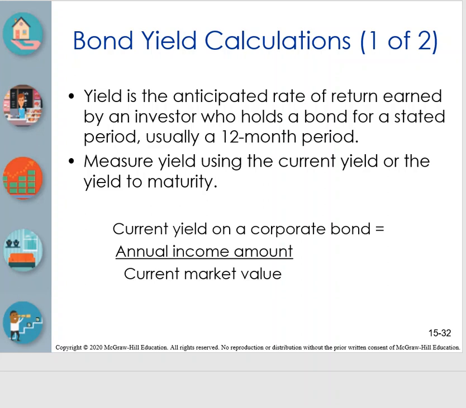Well, the bond pays 2.85%, and that times $1,000 is $28.50. That's the annual amount of income. Your denominator is the current market value, which is $970. So $28.50 divided by $970 gets you 2.94%. So it's currently yielding more than what you bought it for because it's worth less than what you bought it for.